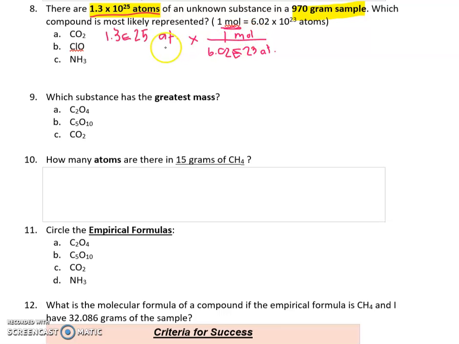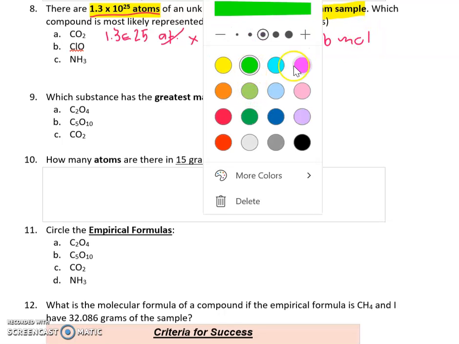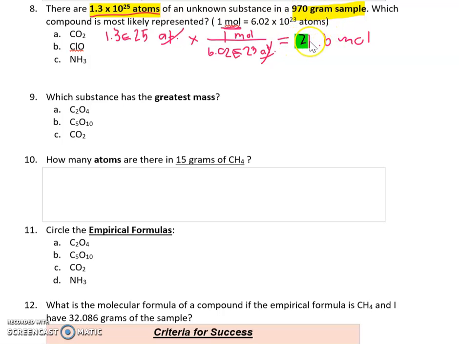So now I can see that my atoms will cancel out and I am only left with moles, which is what I wanted. So 1.3 times 10 to the 25th divided by 6.02 times 10 to the 23rd is 21.6 approximately moles.